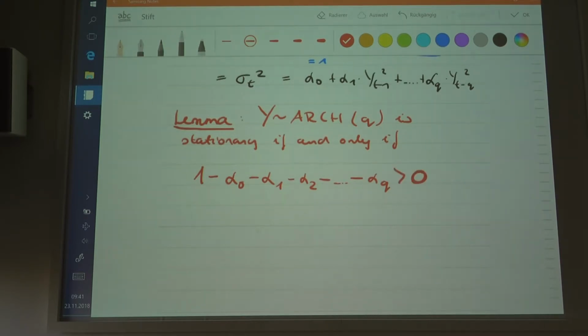So you take all the coefficients, sum them up, and subtract them from 1, and what you get is greater than 0. This is equivalent to the total sum of all coefficients being less than 1. If the total sum is less than 1, then 1 minus the total sum is greater than 0, so both conditions are equivalent.